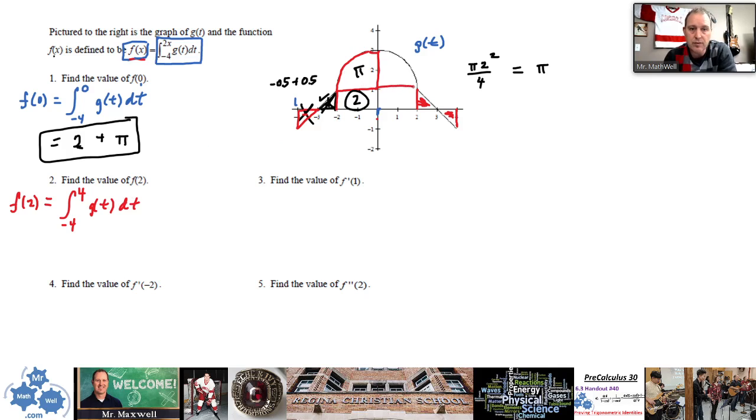So I have just double what we had over here, -4 to 0 and 0 to +4. That's going to be double what we have, 2 plus pi, or 4 plus 2 pi.